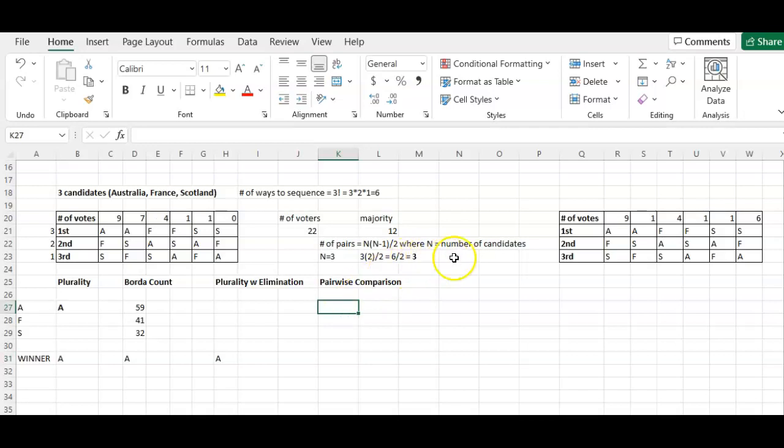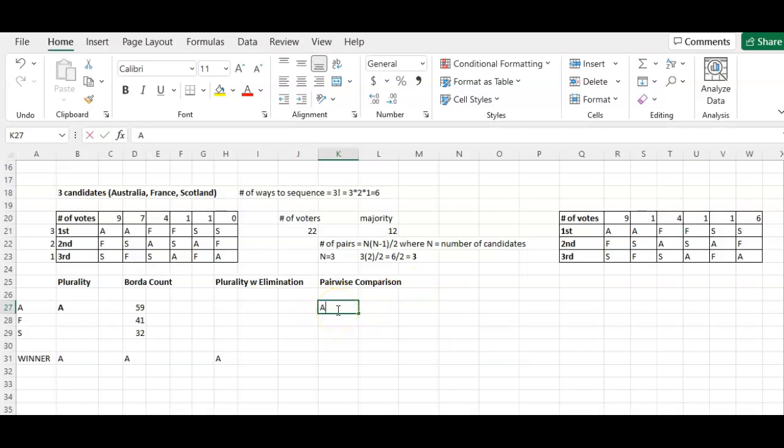To determine the number of pairs possible, we can use this formula right here, n times n minus 1 divided by 2, where n is your number of candidates. So our number of candidates is 3. So 3 times n minus 1, which is 2, is 6. Divided by 2 is 3. So we know we have 3 pairs, and you do that to make sure that when you create your pairs, you're not missing one.